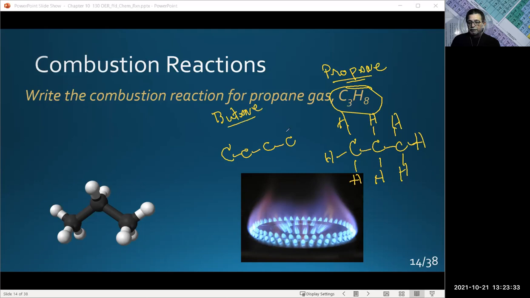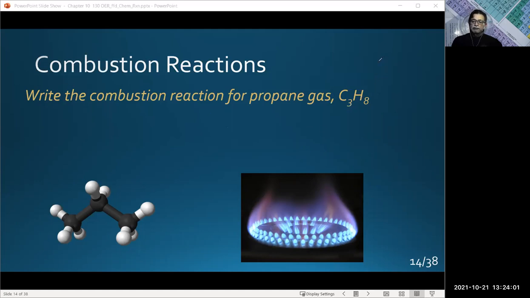Just add some hydrogens because we're dealing with hydrocarbons. So you have butane, propane. Now you know what you're burning, and obviously the fuels that you burn can be very large. You know, octane. Can you imagine? Oct is 8. Ane indicates a hydrocarbon. So we have propane here.